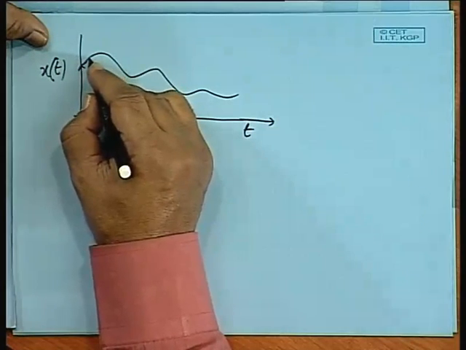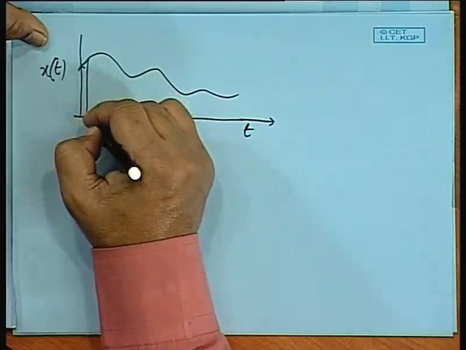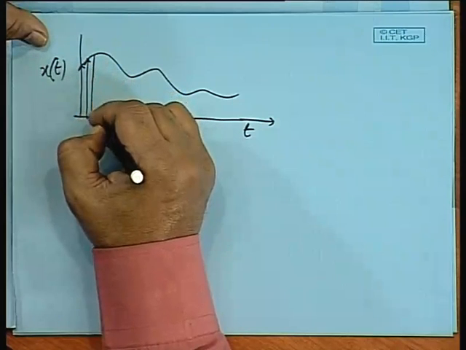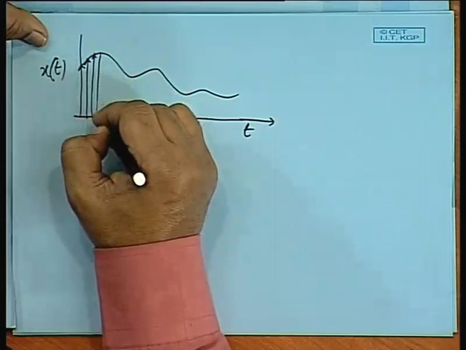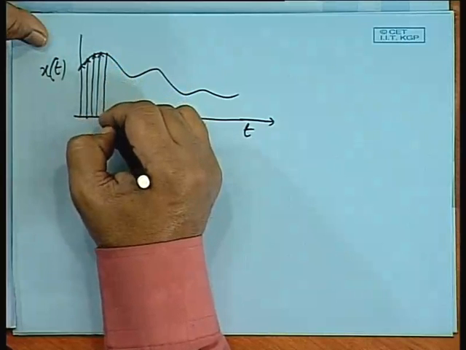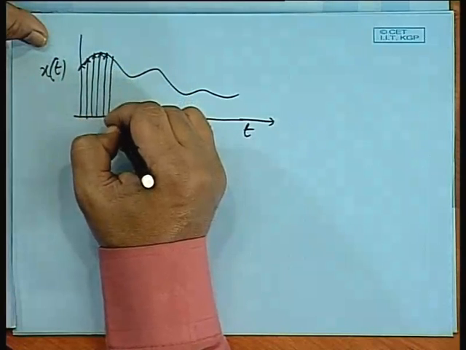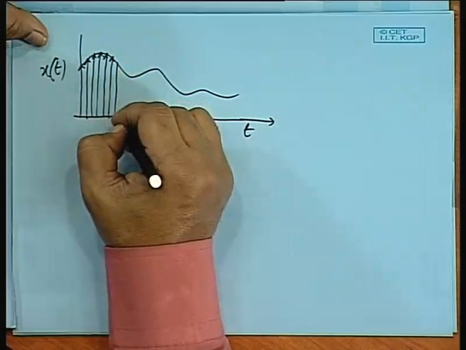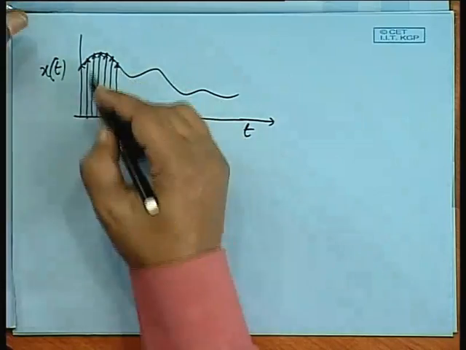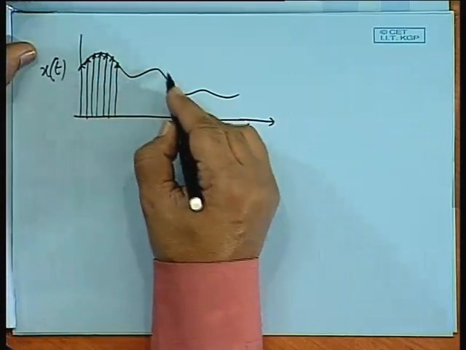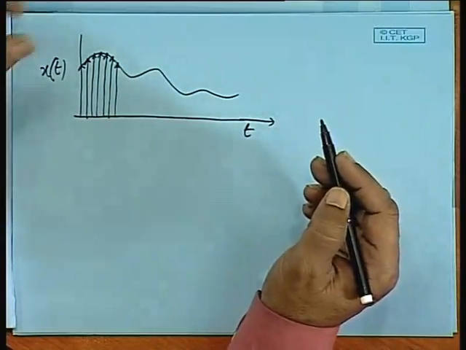You are sampling at very close intervals. If you have very close intervals of sampling, then you are almost recovering the continuous domain function, okay, depending on the degree of that sampling rate.